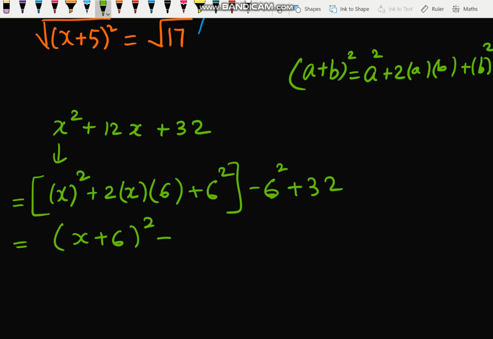Now minus 36 plus 32. So I get x plus 6 the whole square minus 4, right? So this is how I will solve my expression and bring it in the form of a complete square, right?